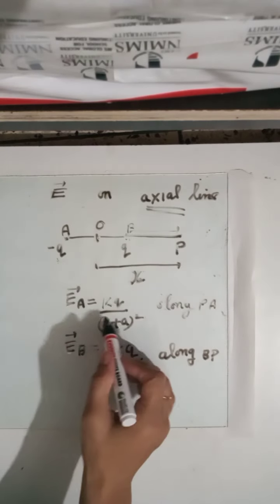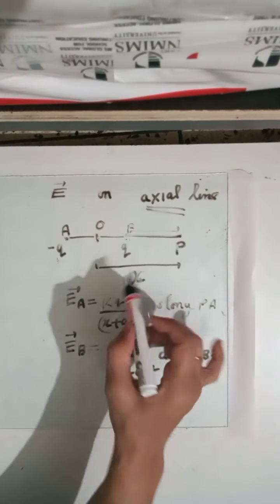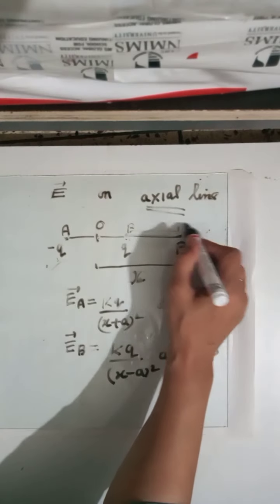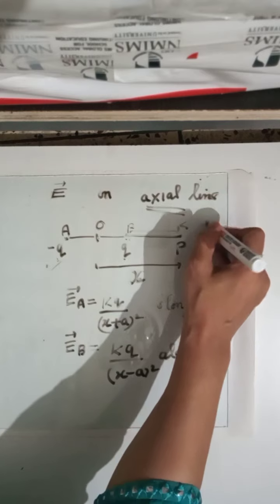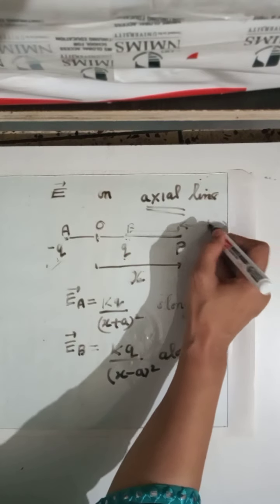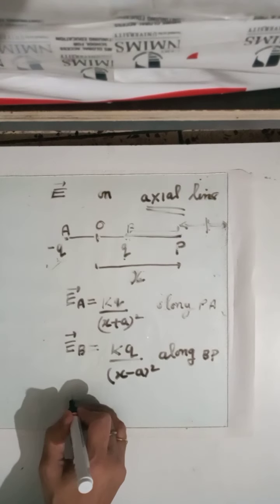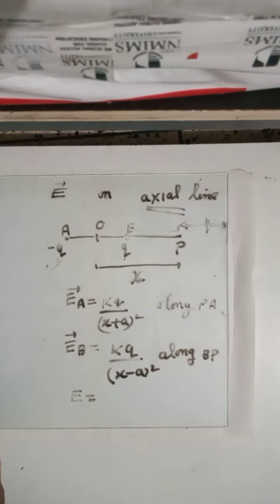Now both the electric fields are in opposite directions. Due to this charge, the electric field is in this direction; due to this charge, the electric field is in the other direction. So we will take the vector sum of the electric fields. How can you take the vector sum? If one direction is taken positive, then the other direction will be negative. You take the direction of the greater vector as positive.